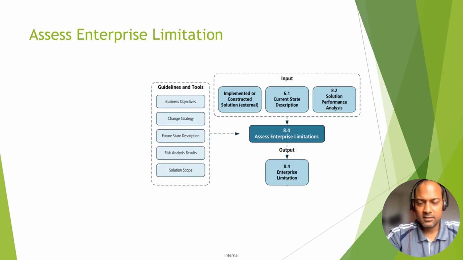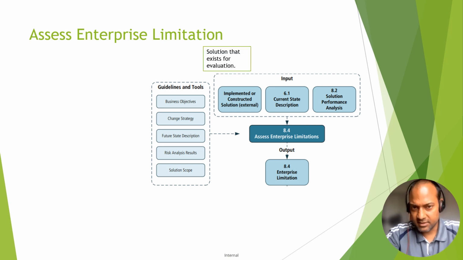right? So now let's talk about the inputs. So the very first input is the implemented or constructed solution. I said the solution must exist, either a prototype, fully functional, or partially operational, right? So the solution must exist. That's one input.